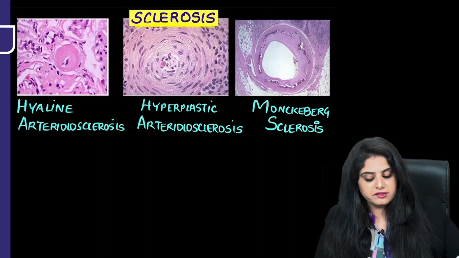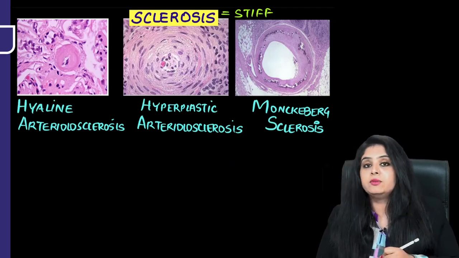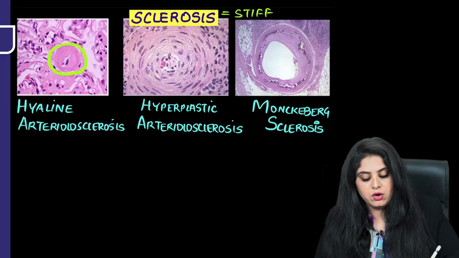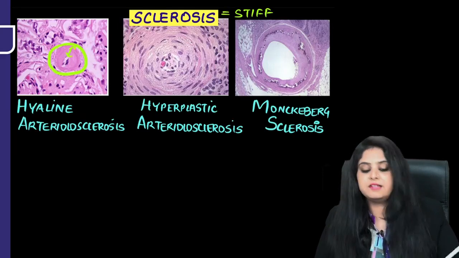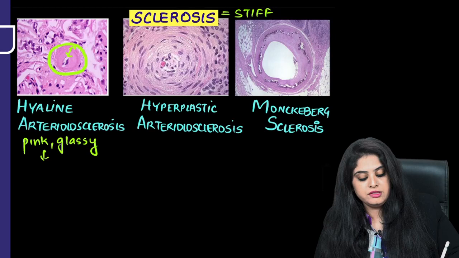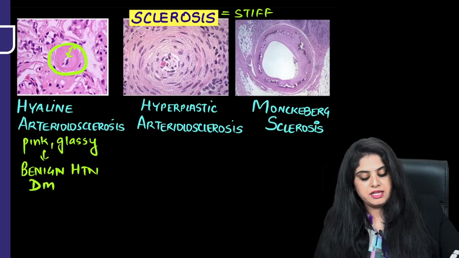See, sclerosis ka simple English meaning is stiff. Why is your blood vessel going to become stiff? So here we have hyaline arteriolosclerosis. Hyaline refers to pink glassy material that is getting deposited, and you see this in cases of benign hypertension and diabetes. Benign hypertension as well as diabetes mellitus.